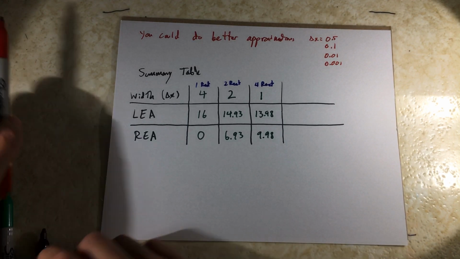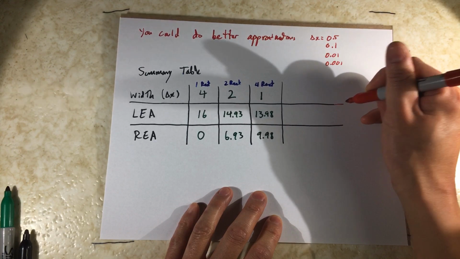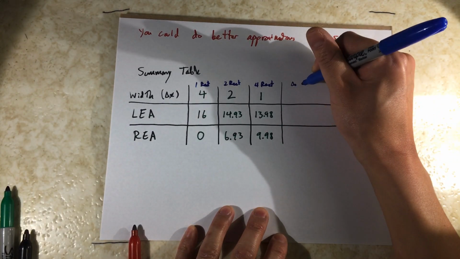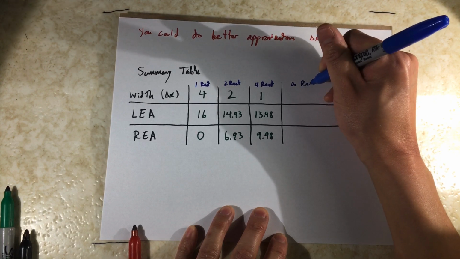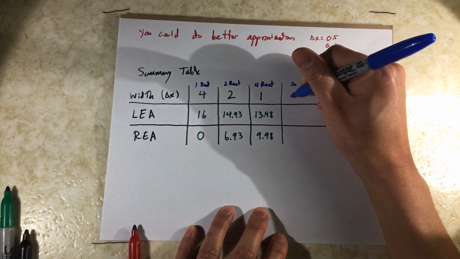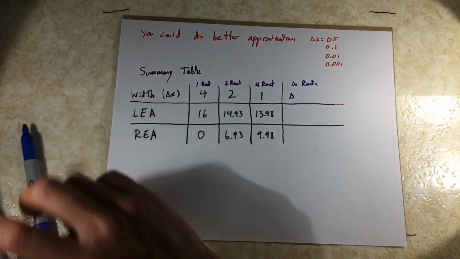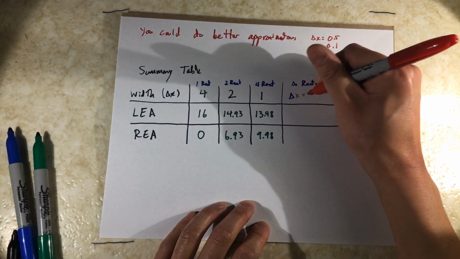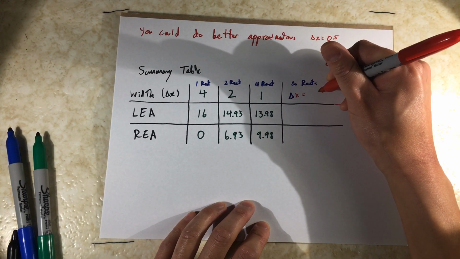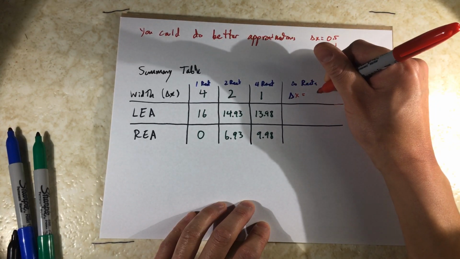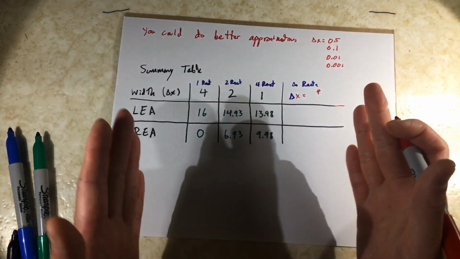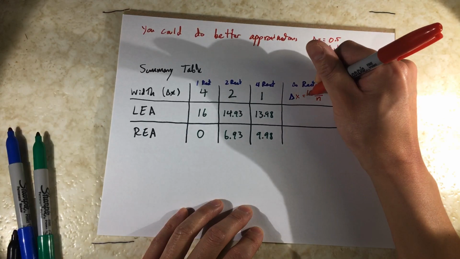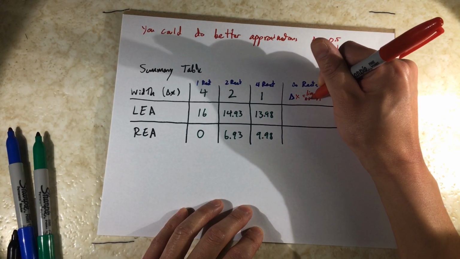Imagine that you were to take this to an infinite number of rectangles, where delta x is equal to 4, the width of the area we're looking for, divided by n, but the limit as n goes to infinity.